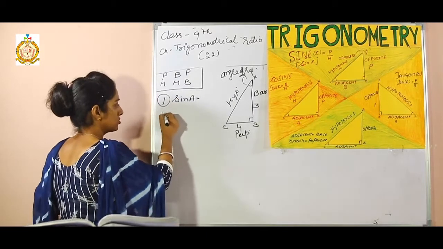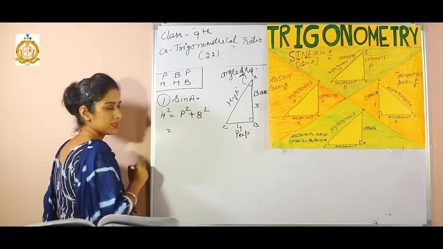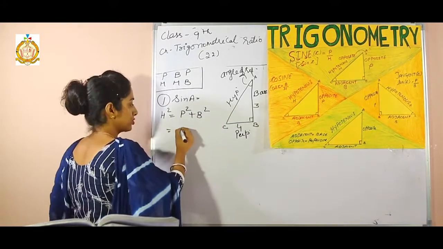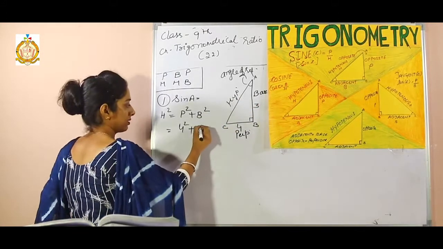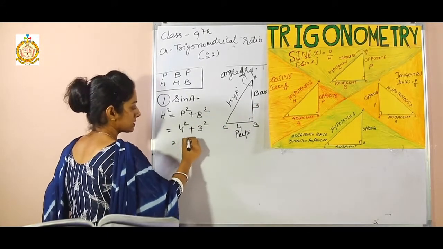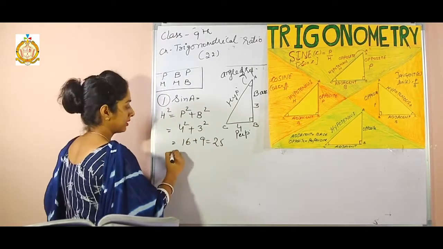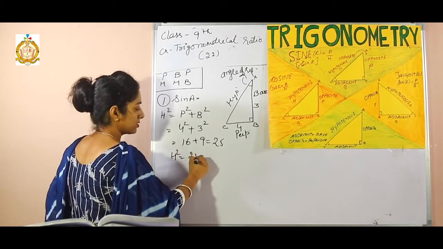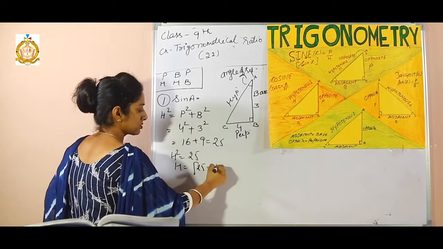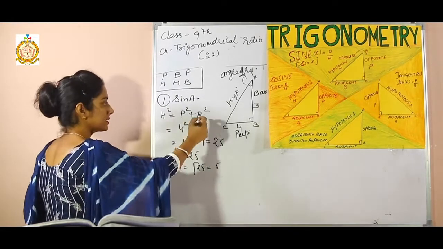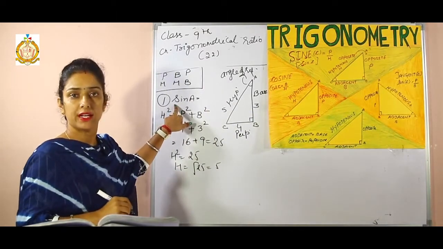So we have H square is equal to P square plus B square. Now what is P? 4 square plus what is B? That is 3 square. 4 4 16, 3 3 9, that is 25. Now H square is 25 and H is the square root of 25, which is equal to 5. So what is the hypotenuse? That is 5.